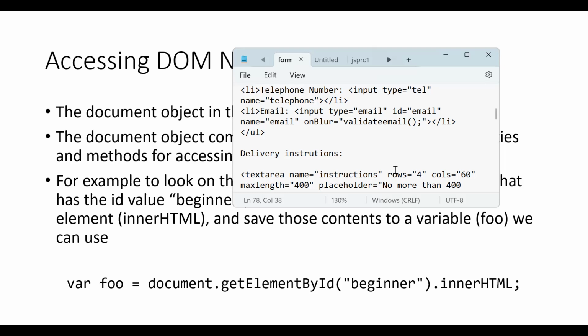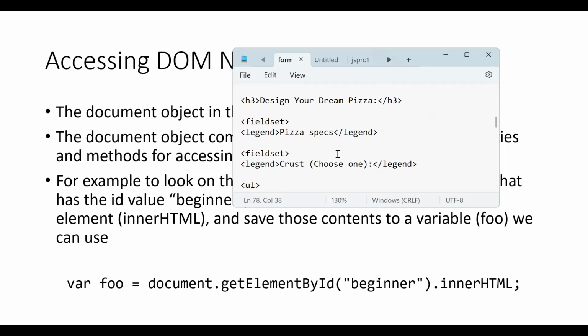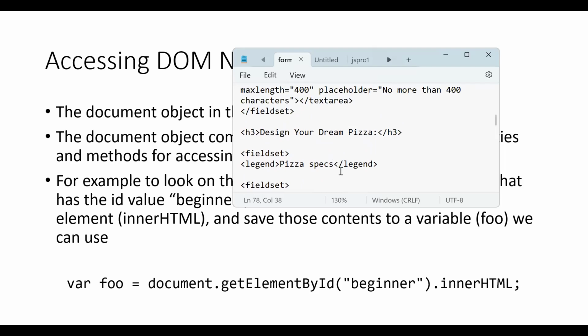So in this case, we said beginner. So let me see, I'm going to say okay, H3. So let me try this. ID, I will say H3. Let me save it. I'm trying to now see what is inside this element.